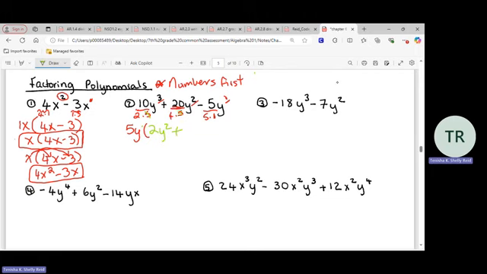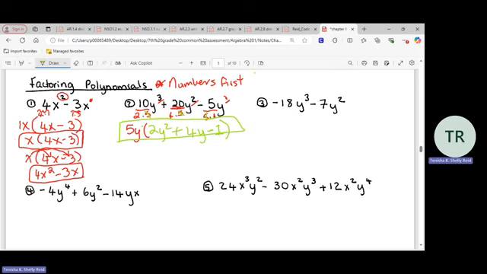I took 5 out of there. 20 divided by 5 is 4. Y squared, I took a y out, so now I'm left with y. Minus sign. 5 divided by 5 is 1. And then I took a y out, so I have no y's. I have factored my polynomial, the opposite of multiplication.